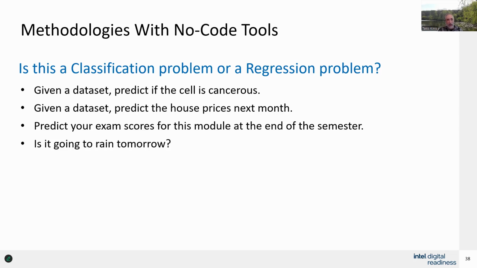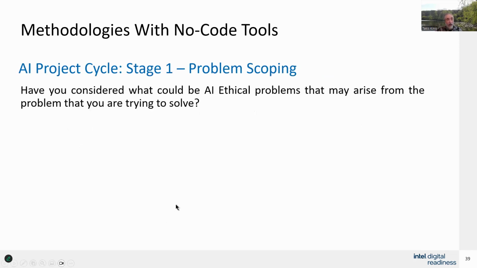That's probably regression, because it's probably a mathematical correlation. Predicting exam scores for this module at the end of the semester? Who knows, I think that's regression also. Is it going to rain tomorrow? That's a trickier one, but because you're dealing with an either-or, really it's classification.